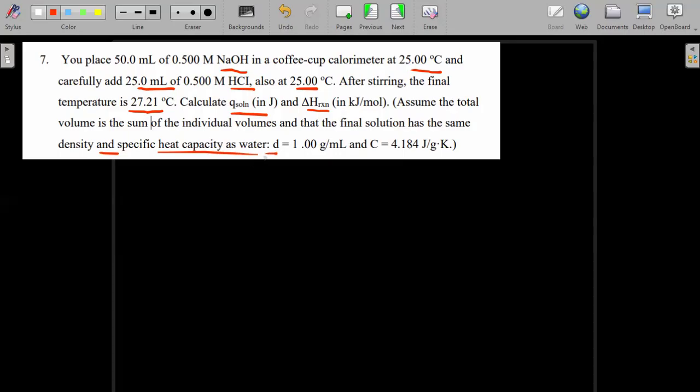To find the heat of the solution, which is Q solution there, we are going to use the normal formula that we've been using, which is m multiplied by the specific heat capacity multiplied by the change in temperature.